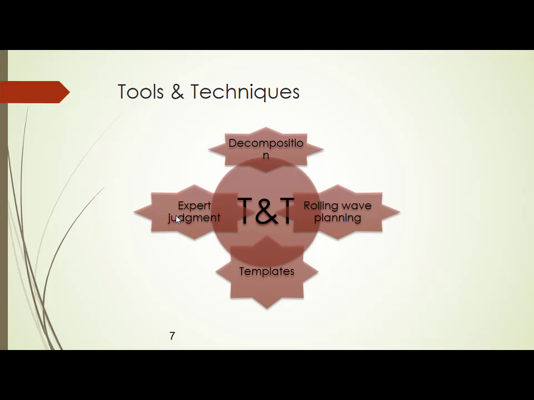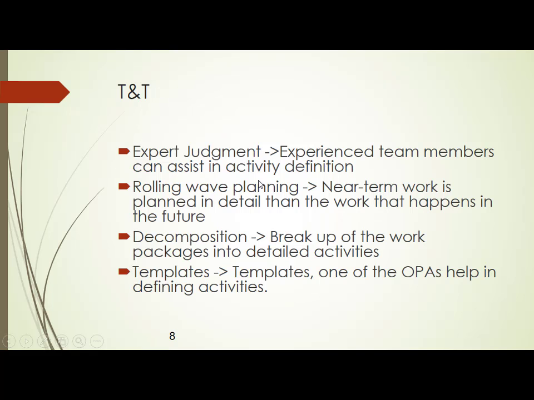Templates, I need to have some kind of Excel sheet or Word document where we will define all the activities, and I will have to do rolling wave planning. Planning has to be done, like which activity I am going to plan first, which activity next, which activity after that. That is called rolling wave planning. So all these are the tools and techniques for define activities.